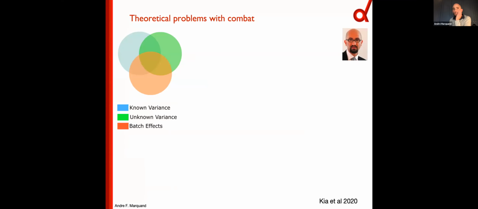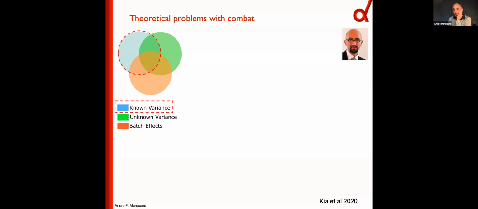I'd like to break down what ComBat actually does and show you that in some circumstances there are theoretical problems with this harmonization approach. I'll stick with a linear context, but bear in mind that this translates to nonlinear and deep learning based methods as well. So we have the variance that we're trying to model, and I'm going to break that down into three components.